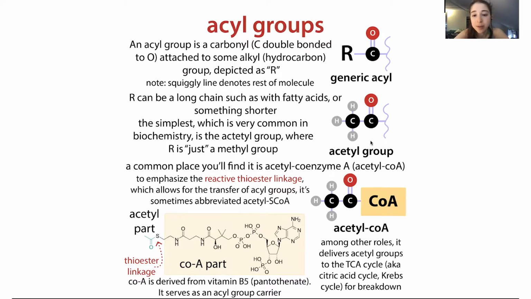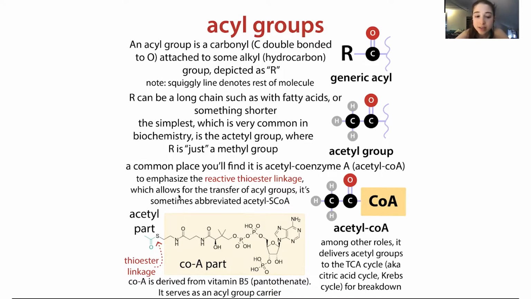What you end up with eventually when you're catabolizing lipids is acetyl-CoA, which is the simplest form. An acetyl group is basically just a methyl group attached to a carbonyl, so this is the shortest that R group could be. When you have this acetyl group attached to CoA, you have acetyl-CoA.